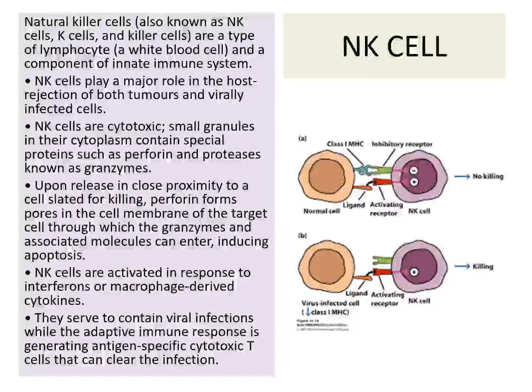Upon release in close proximity to the cell slated for killing, perforins form pores in the cell membrane of the target cell through which the granzymes and associated molecules can enter, inducing apoptosis. NK cells are activated in response to interferons and macrophage derived cytokines. They serve to contain viral infection while the adaptive immune response is generating antigen specific cytotoxic T cells that can clear the infection.